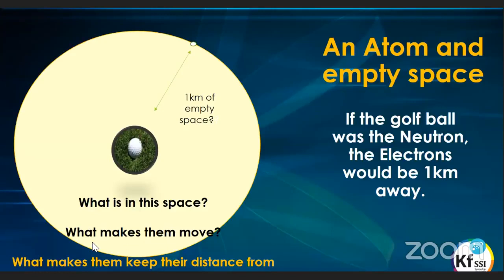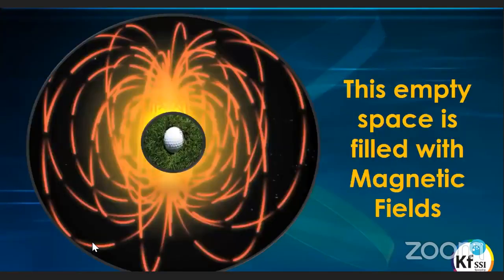So we have to ask the question, what is in the space? What makes the electron move in relation to the protons and neutrons in the middle, and what makes them keep their distance, because there is a huge amount of space in between? Essentially we have to say that this empty space is filled with magnetic fields.